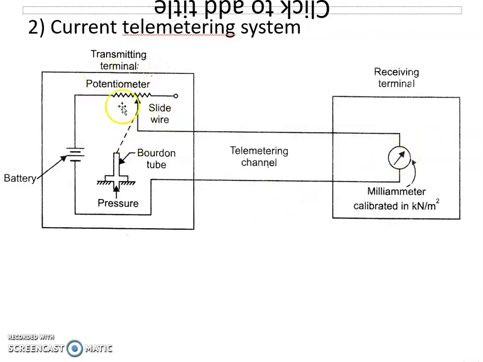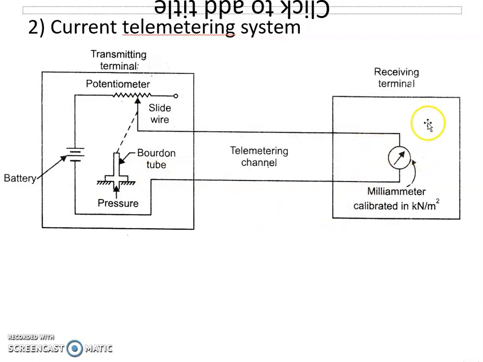The transmitting terminal consists of a slide wire potentiometer which is connected in series with a battery. Here the slider is connected to the Bourdon tube which measures the pressure.